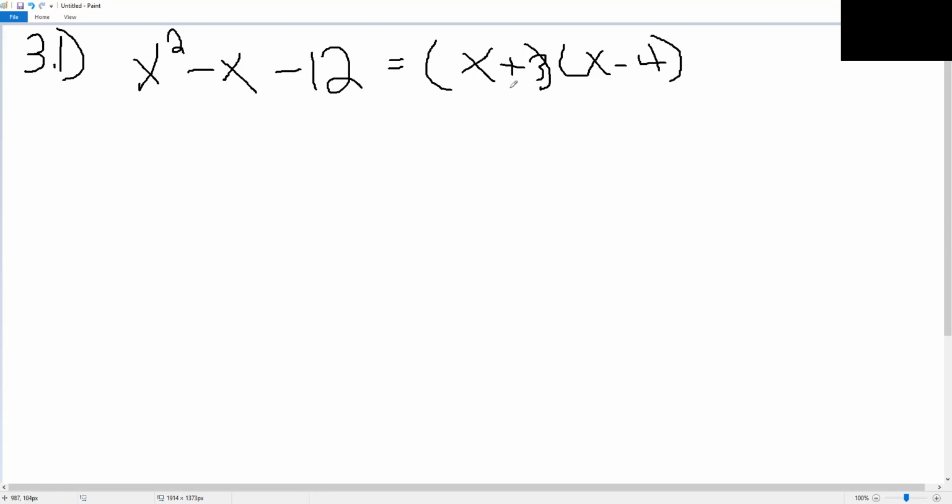You remember doing these either by the quadratic equation, negative b plus or minus square root of b squared minus 4ac over 2a, or just figuring out what the middle number is by using the constant.